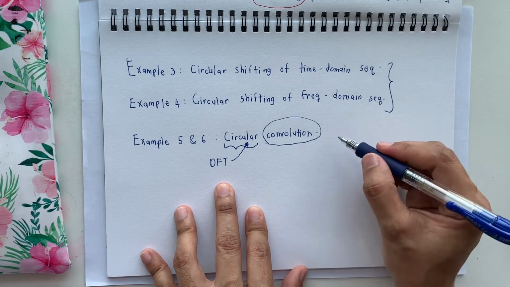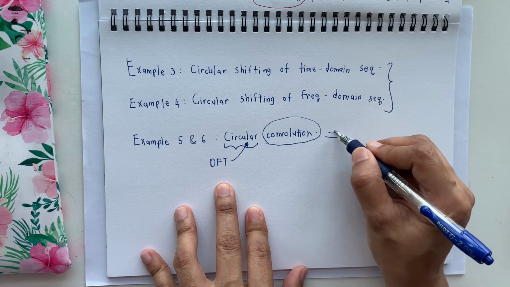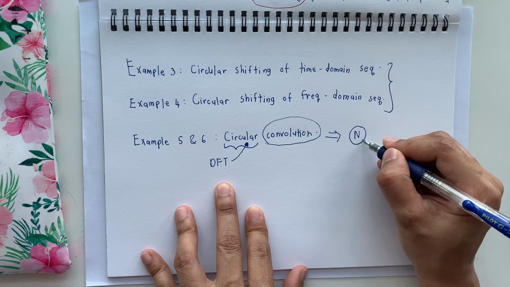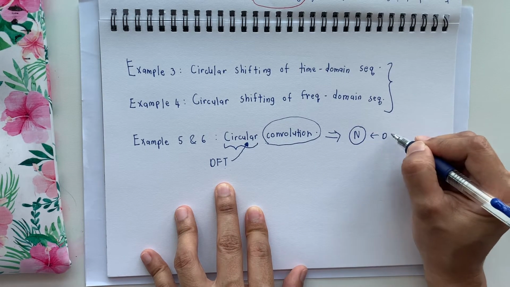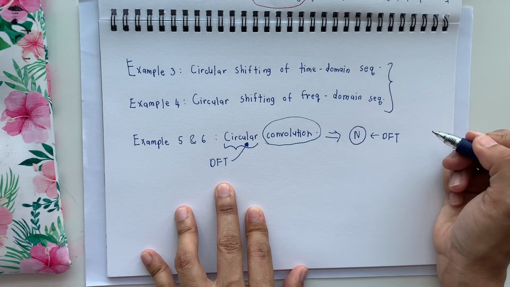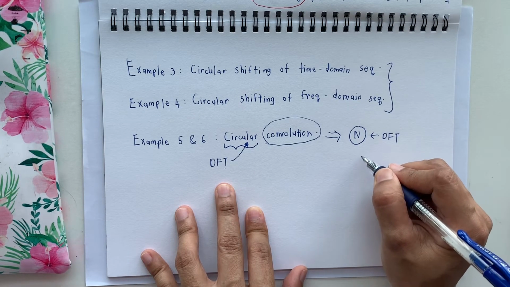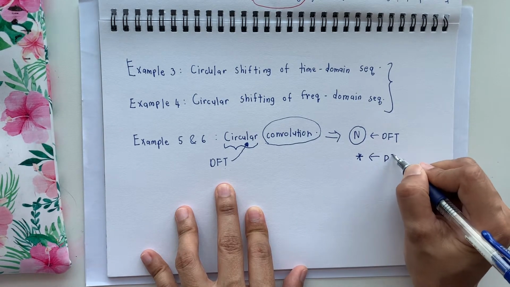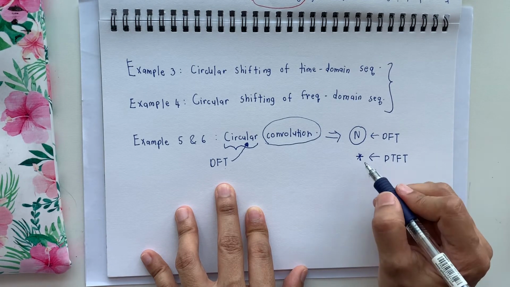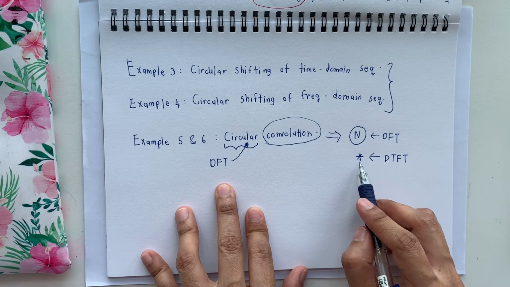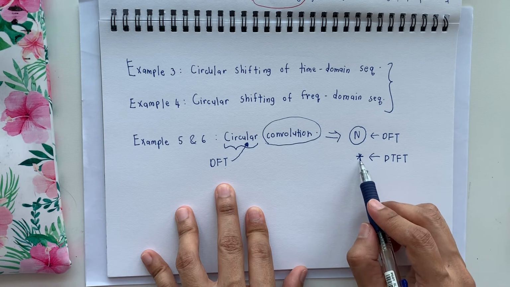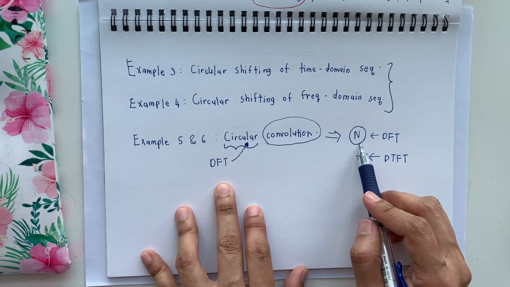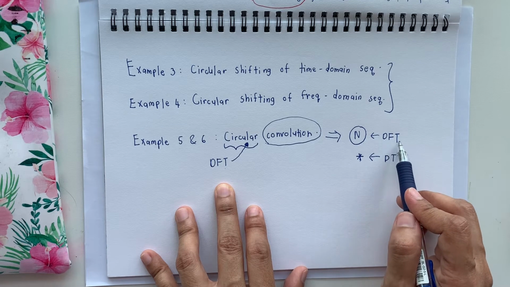In chapter 5, this circular convolution is indicated by this symbol, for DFT. When it comes to DTFT, we just have this other symbol to show that this is convolution. When you see this symbol, you definitely know it's referring to DTFT. When you see this symbol, you definitely know that it is DFT.